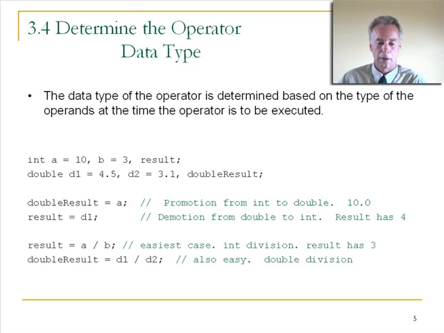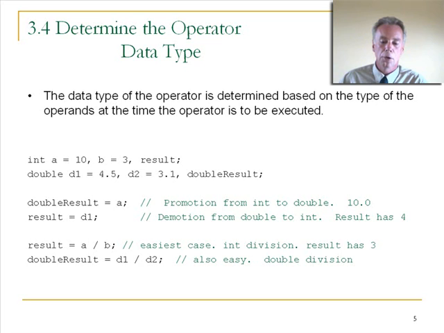So in this example, the value in A becomes a double, which is 10.0. It's not stored in the variable A as 10.0 because A is an int. 10.0 is stored in a temporary location, which can then be used to evaluate the rest of the expression, which in this case is just assignment to the double result variable.